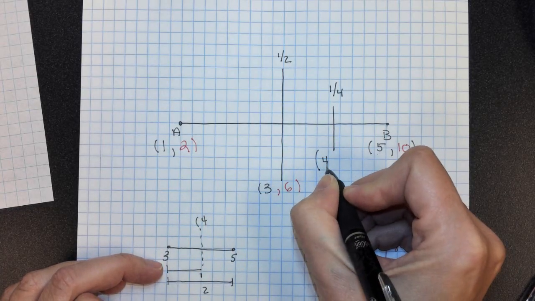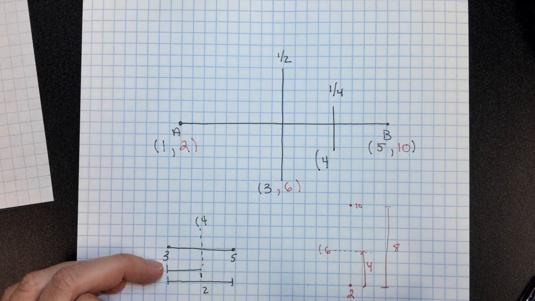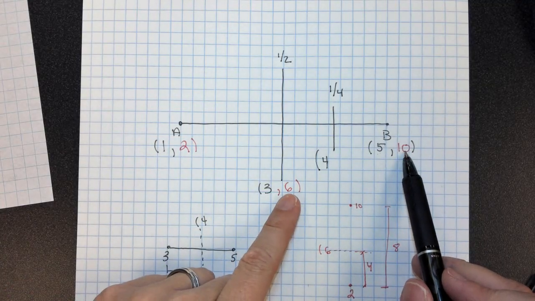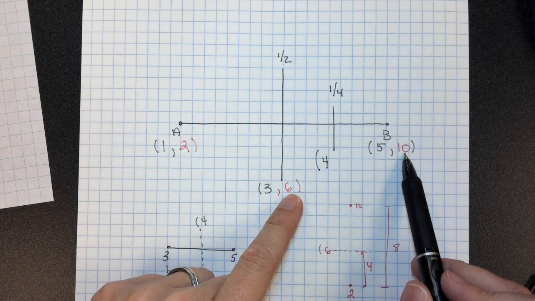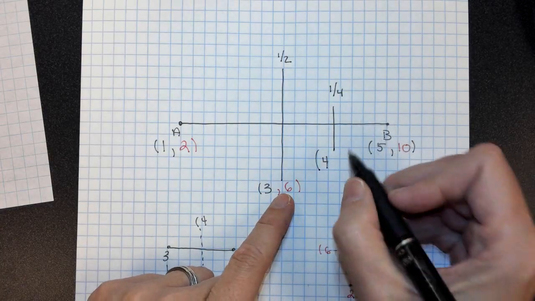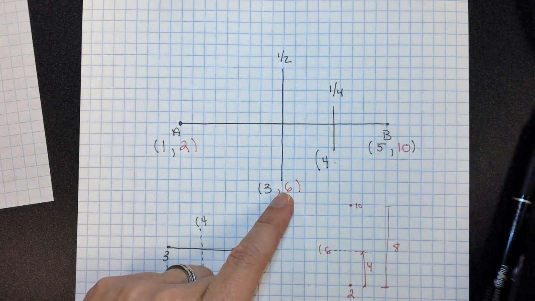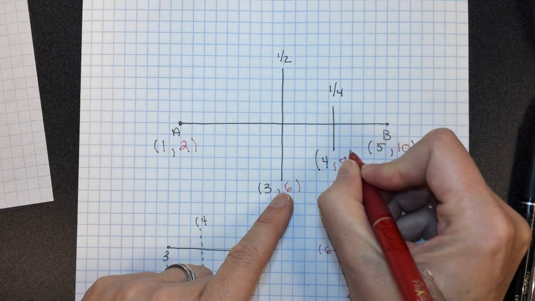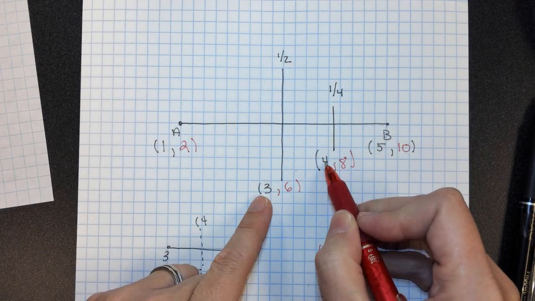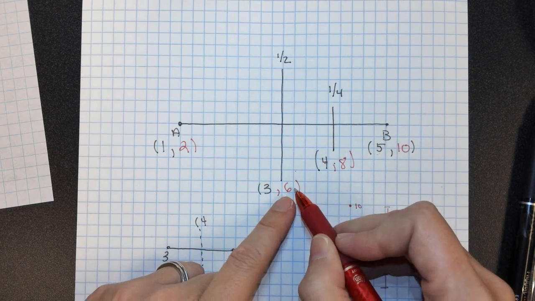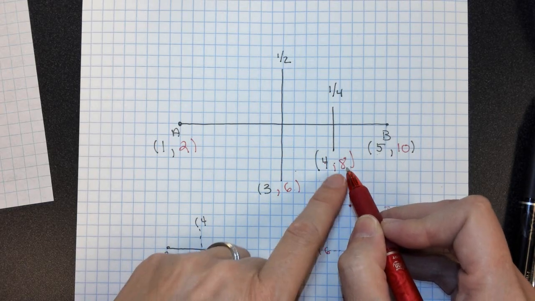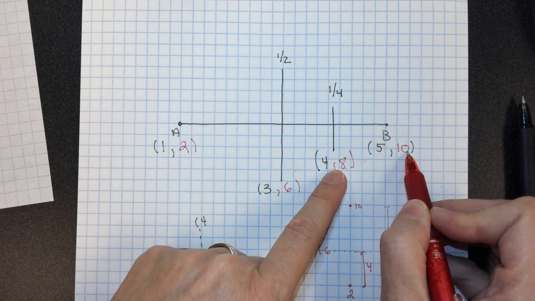So this is 4. Vertically, 6 and 10 is 4. Cut it in half is 2, and add that on. That's 8. 3 plus 1 is 4, plus 1 is 5. 6 plus 2 is 8. 8 plus 2 is 10.